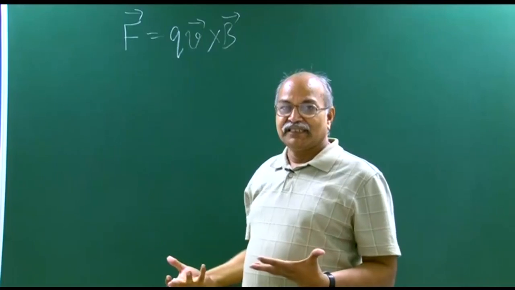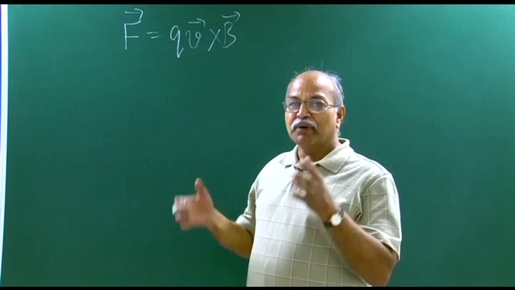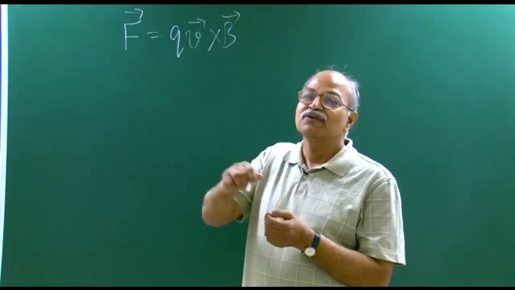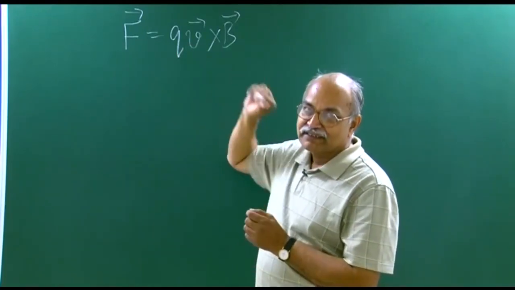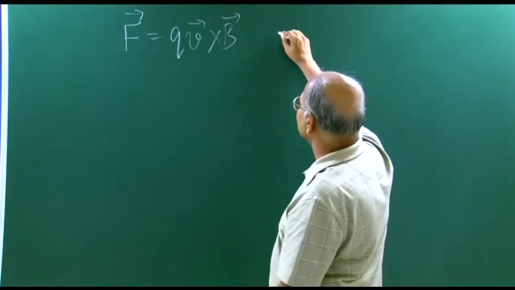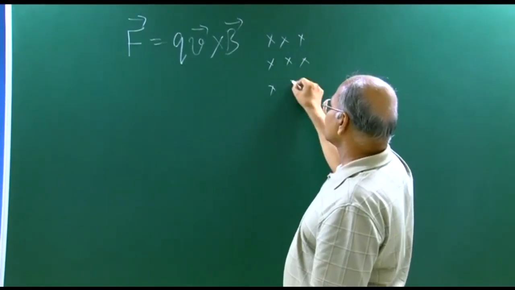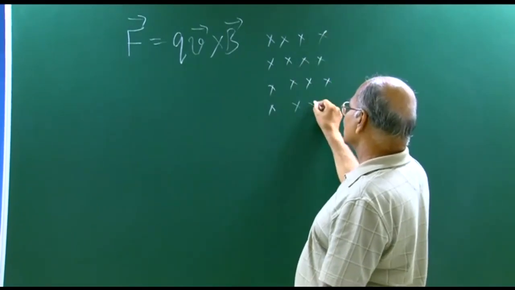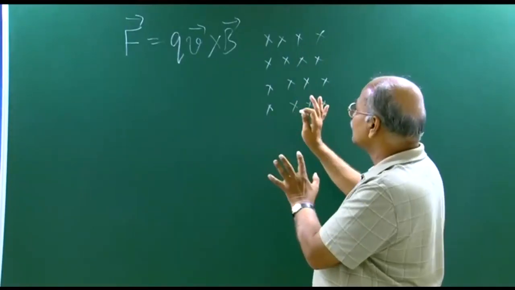And if you send a charged particle perpendicular to a uniform magnetic field, then it goes in circle. That one can easily derive starting from here. So say the magnetic field is going inside this board, shown by such crosses. These crosses are generally used for showing that the magnetic field is perpendicular to the surface and uniform.